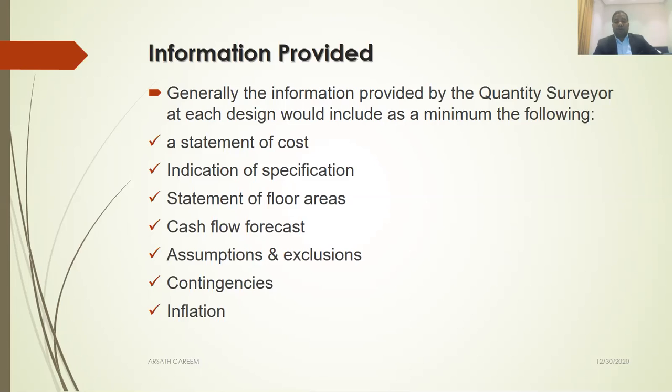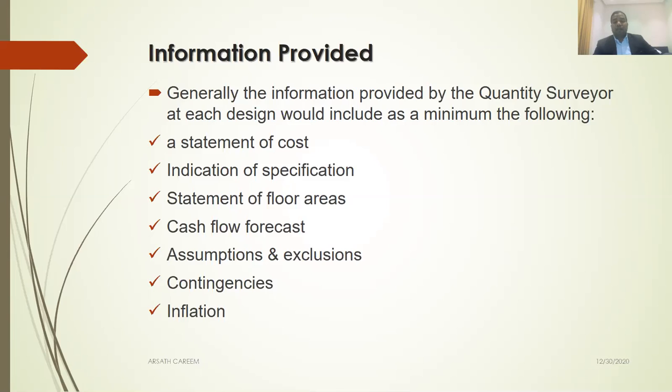You should know the current trend of the market condition. So for inflation, you have to state in the cost report whether you have considered inflation, because you do the cost plan this year, but maybe you are constructing next year. When you do costing now, next year there may be a major difference.